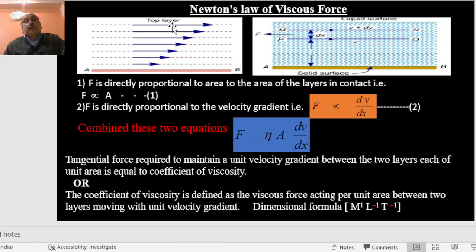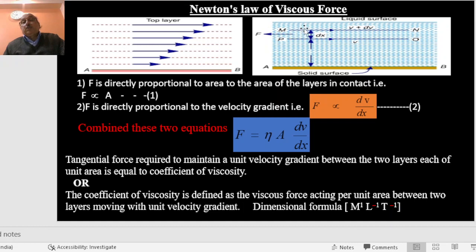This wants to accelerate the velocity of the lower layer, whereas the lower layer will reduce the velocity because of the friction between the layers. So the velocity is decreasing downward in the vertical direction. The velocity is decreasing as we are moving downward.